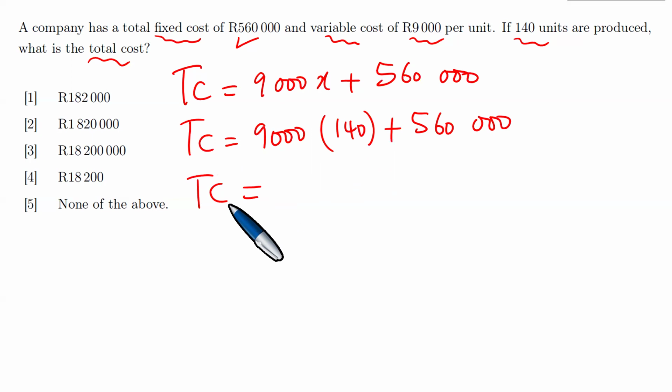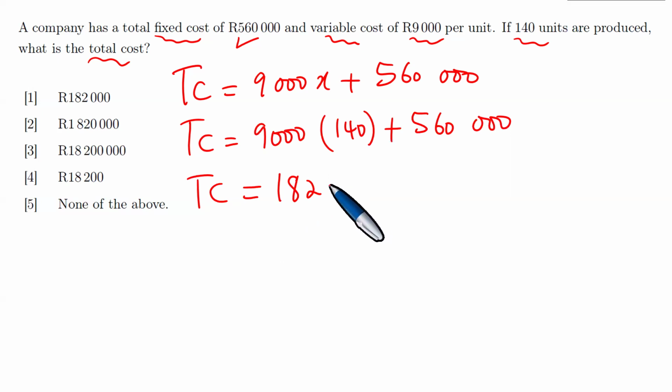So we have 9,000 times 140 plus 560,000. Yes, 182. 1,860,000. Right, so it sounds like it is 182.